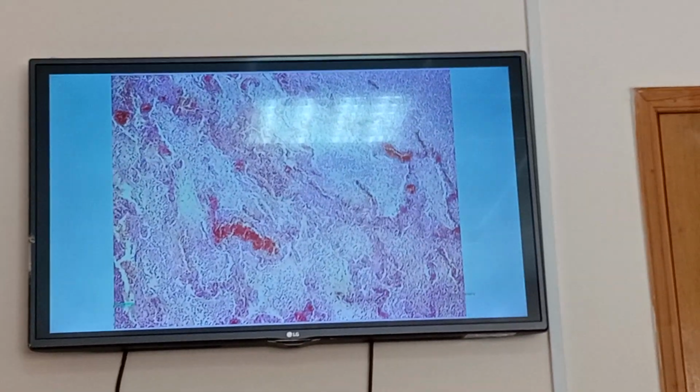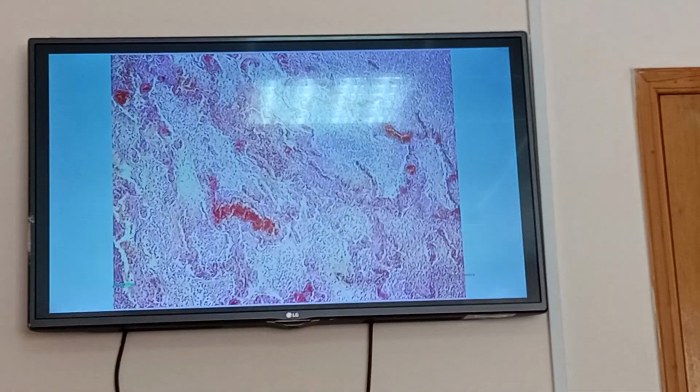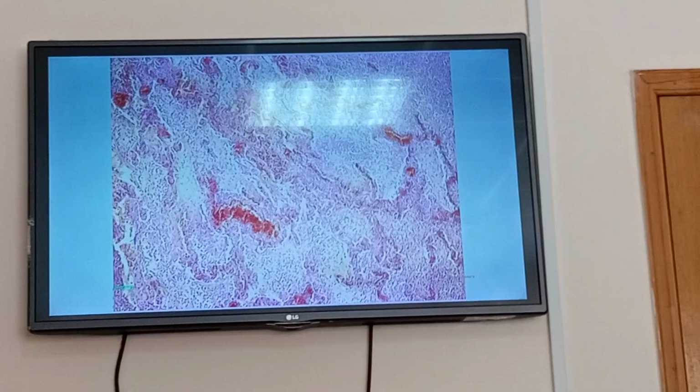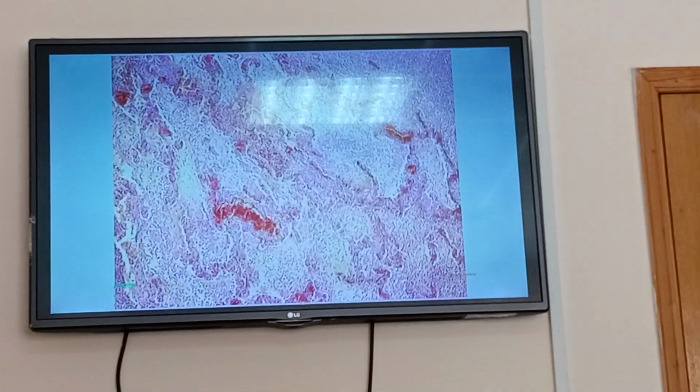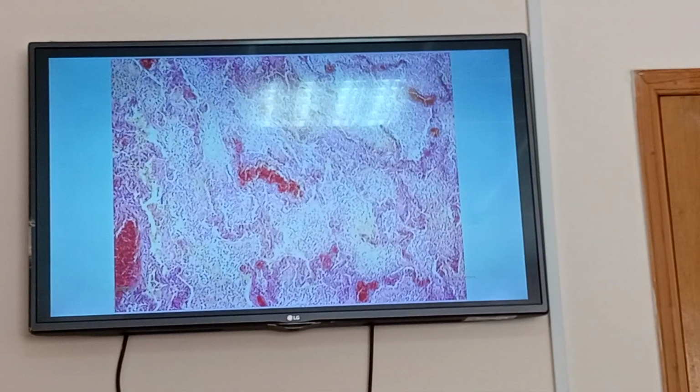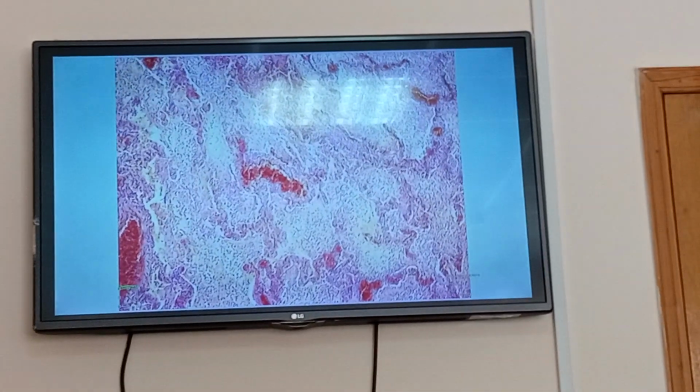Hyperemic blood vessels in the wall of the alveolar ducts, and fibrinous exudate, pinkish in color. This is purulent destructive pneumonia in sepsis.